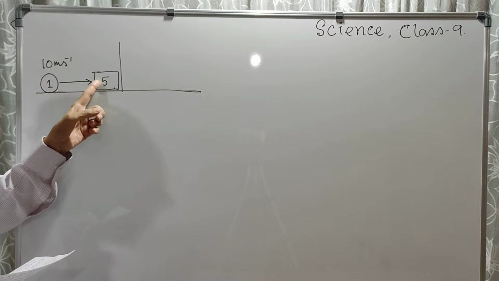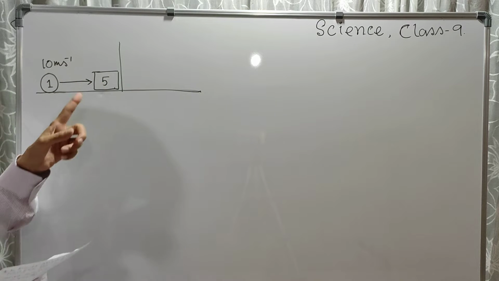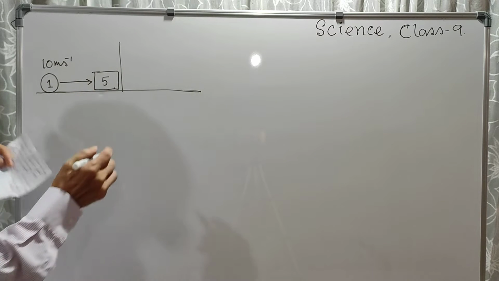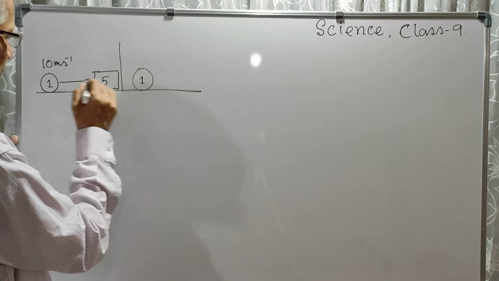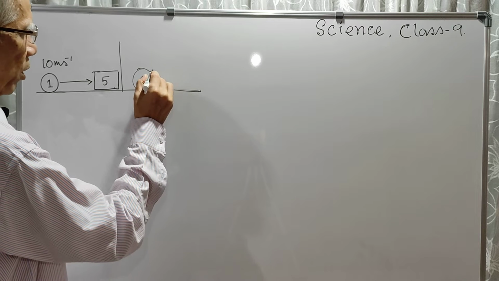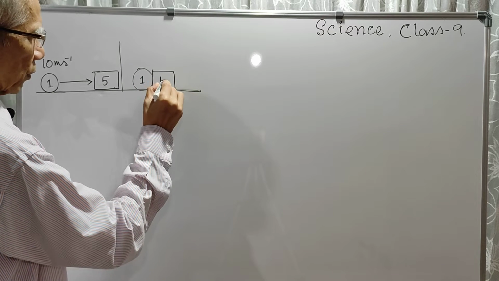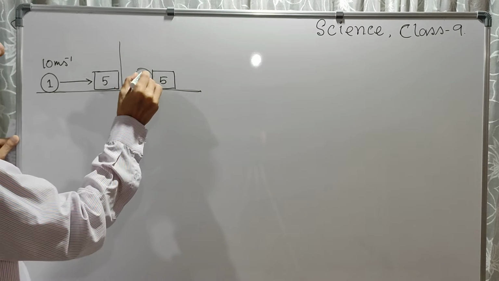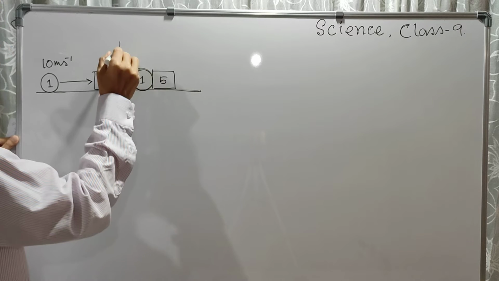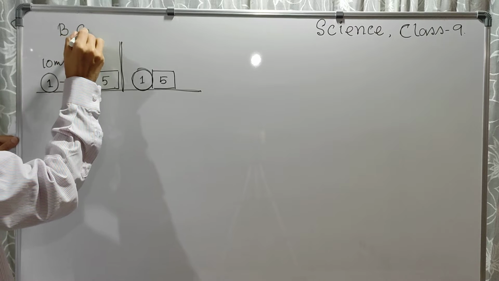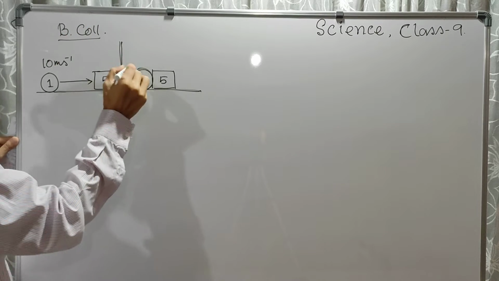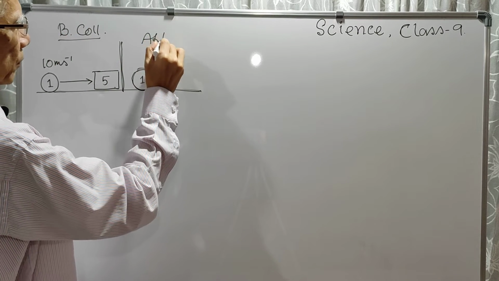Now it will go and collide with this. Now according to the question, after collision they will stick together. So this is the 1 kg body, and this is the wooden block. All right. So this part is before collision, and this part is after collision.